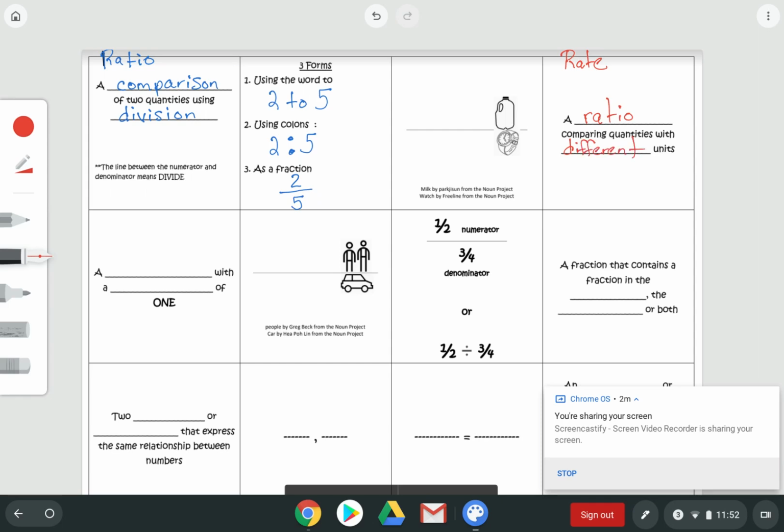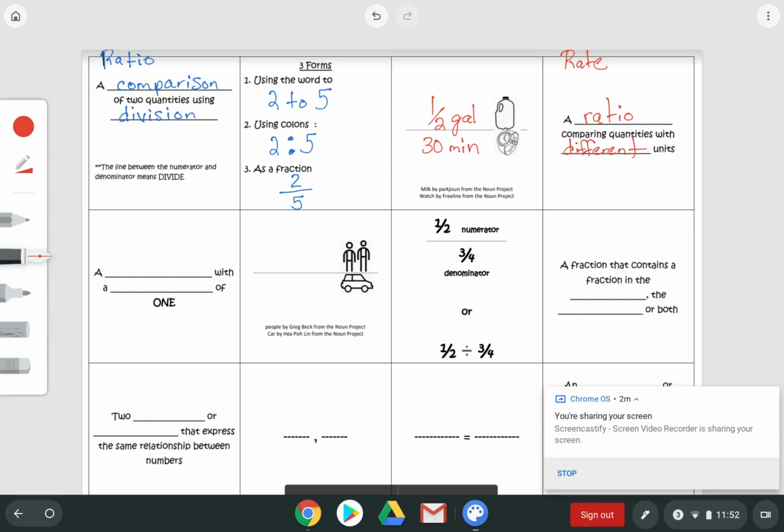And what I mean by that, well, for instance, I could say that I'm drinking a half a gallon of milk every 30 minutes. That's a lot of milk, guys.